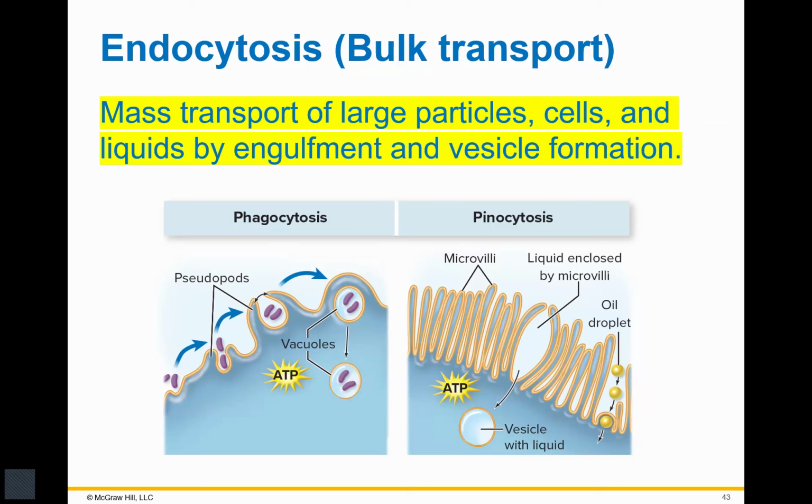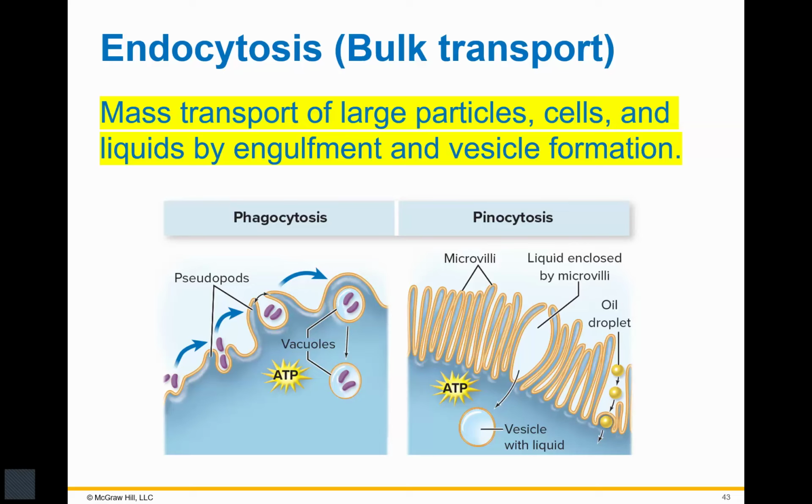Now, sometimes nutrients need to be transported in bulk amounts. So when we need mass transport of large particles into the cell, bulk transport mechanisms have to be used. And this is called endocytosis. There are 2 categories of endocytosis.